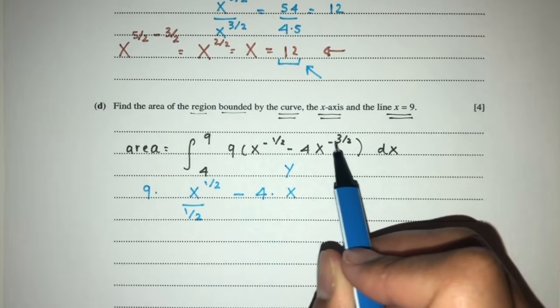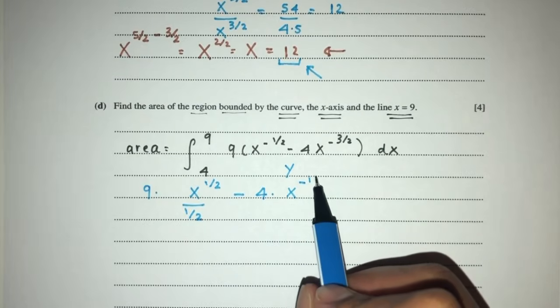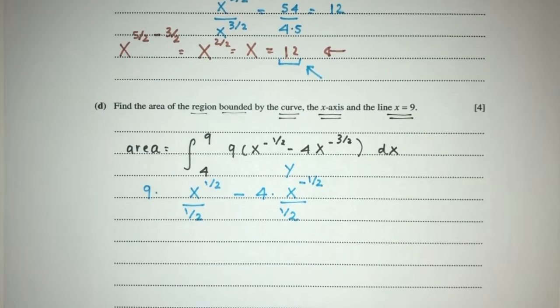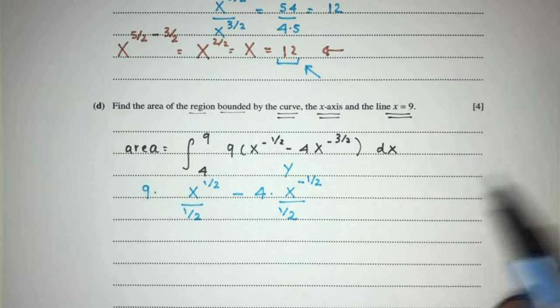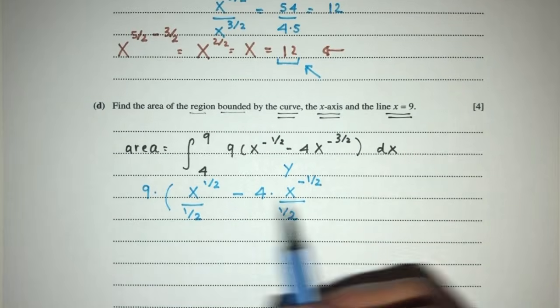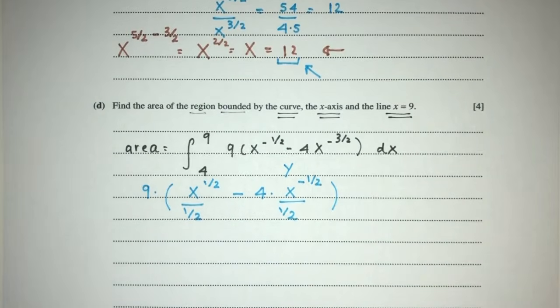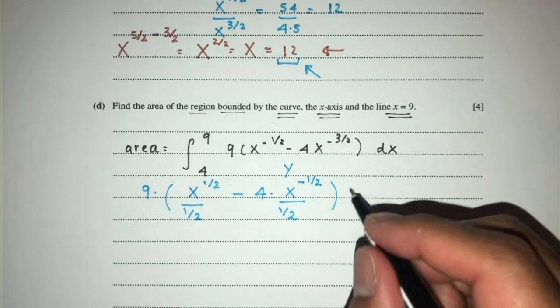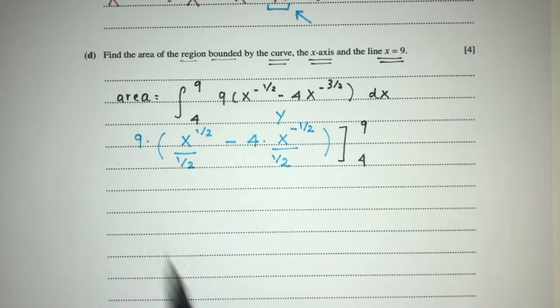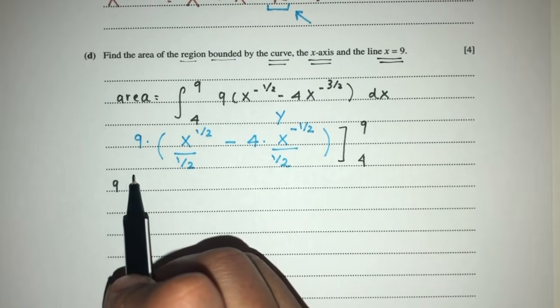Then we add 1 to the power, becomes minus half, divided by minus half. That should be only 2 terms. Of course, we have to apply the brackets here, so we don't apply 9 to only one of the values. Now the limits have to be between 9 and 4. Again, we can just leave the 9 outside for now.